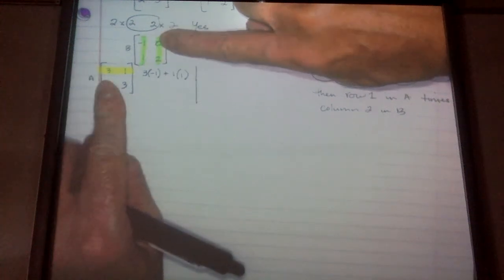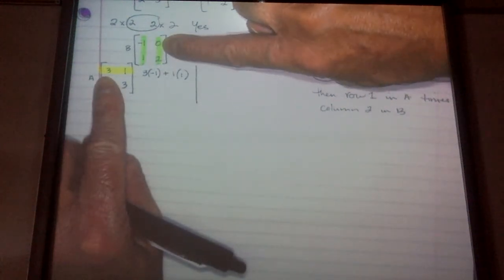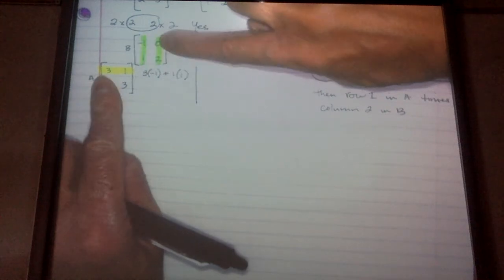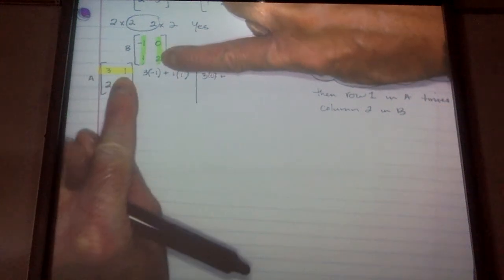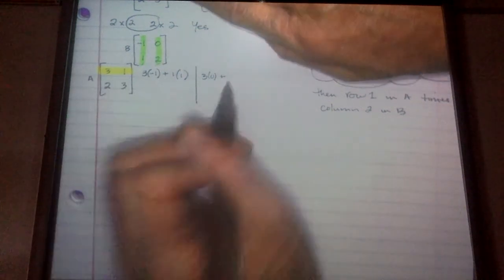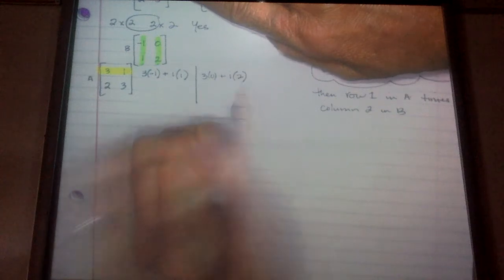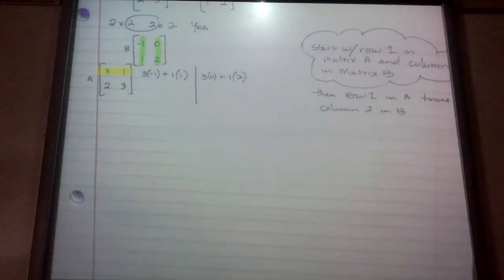I'm going to use my fingers. I'm going to multiply the first set of numbers in each one, so 3 times 0, plus, now I'm going to move my fingers to the second set of numbers, 1 times 2. Okay, we'll simplify that later.